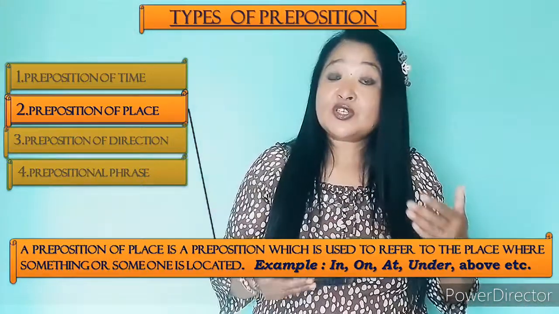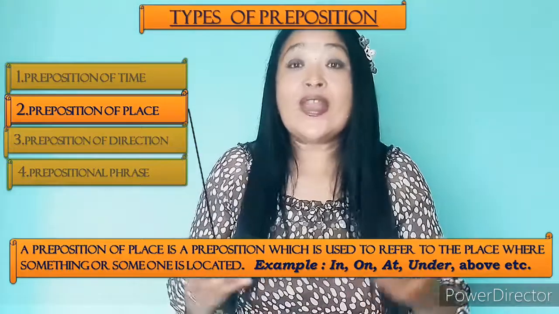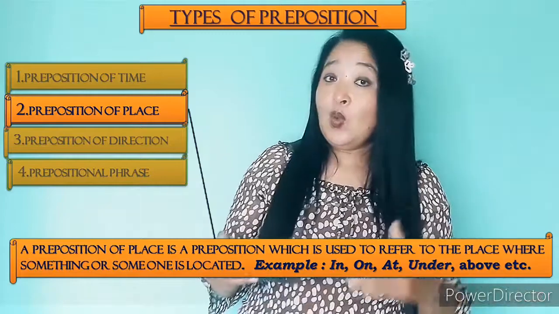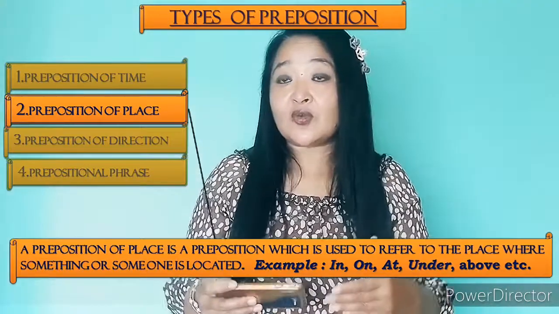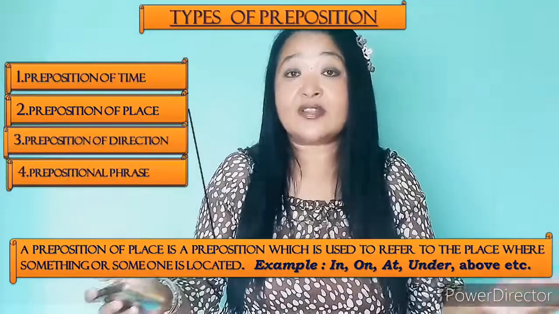In preposition of time, these prepositions were used to answer your question of when a particular event took place. Now we are going to answer the question of where, where did the event take place.